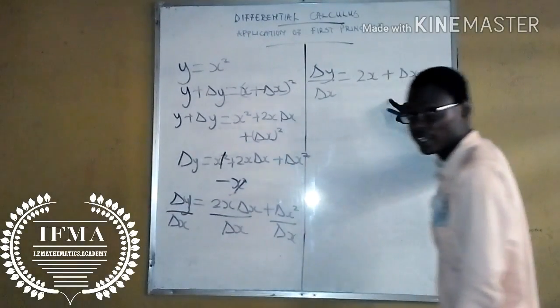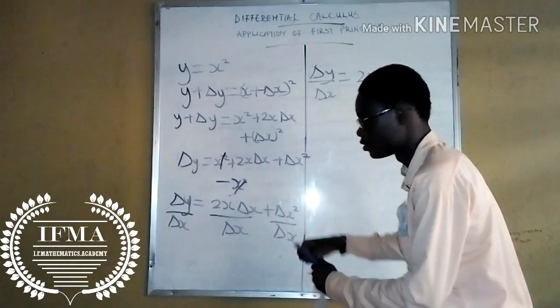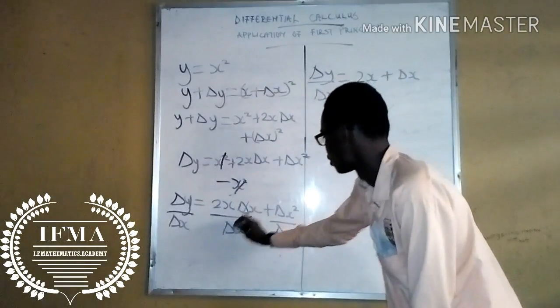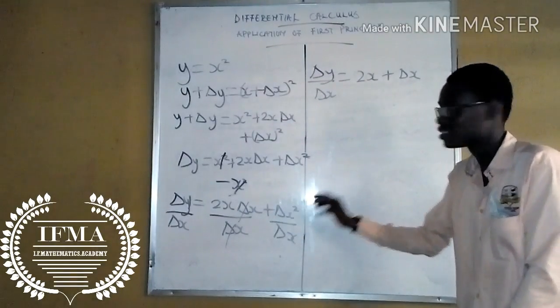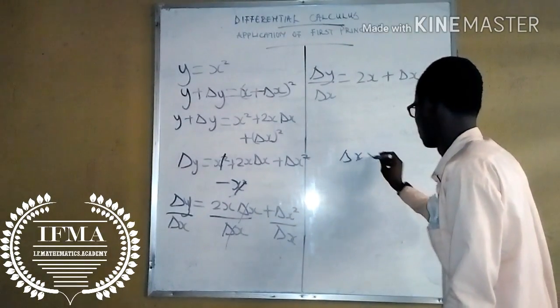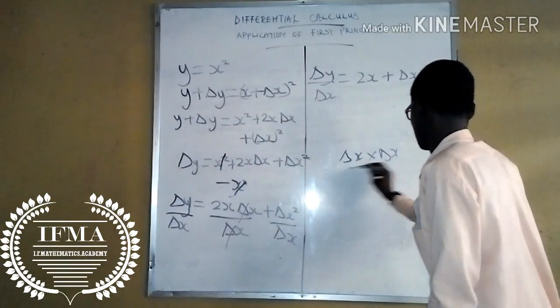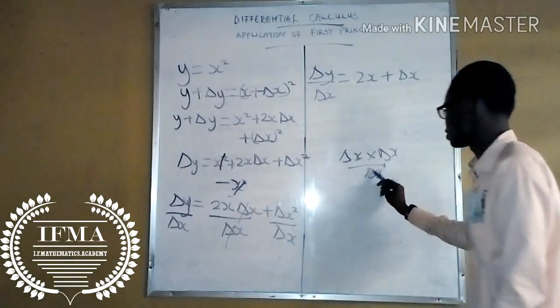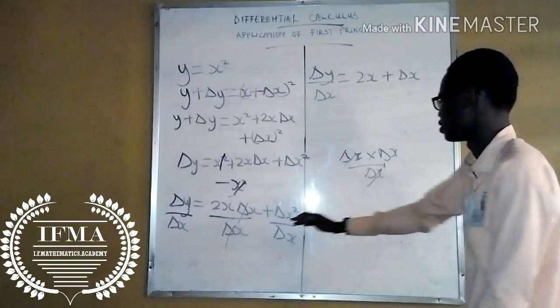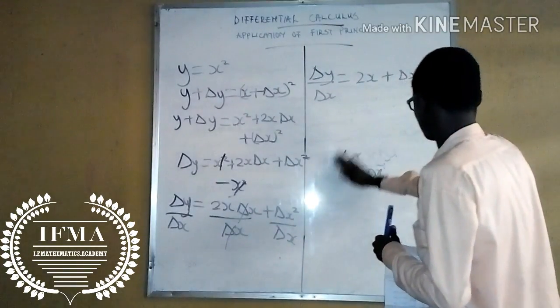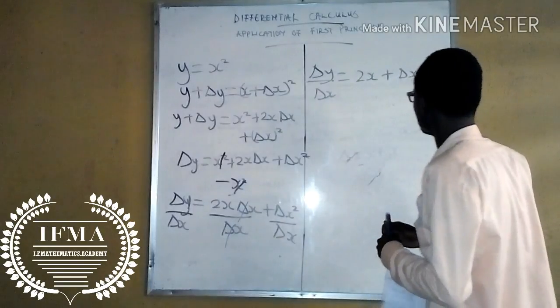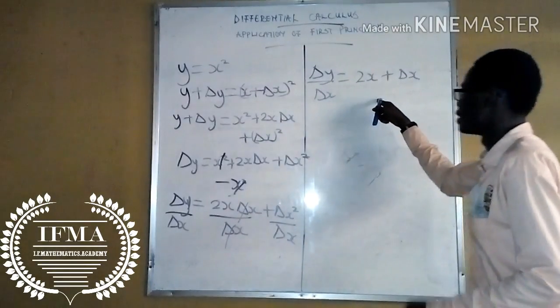The reason why we get this is because change in x cancels out change in x, and one change in x cancels out two change in x's. So this cancels out this, leaving us with this, and that's how we have this. Therefore, we have 2x plus the change in x.